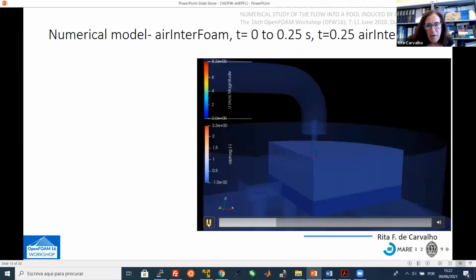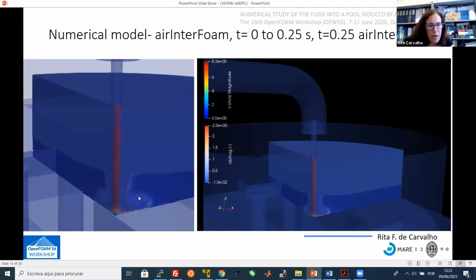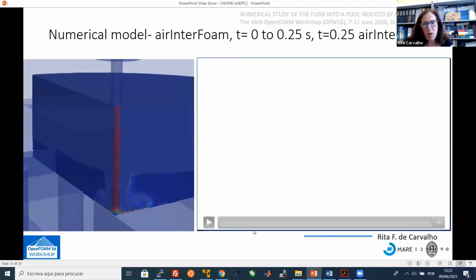So the air interFoam also ran. Here I want to show that it is not just the velocity of the water, but we include the other phase, and we can see here some air that is not described by interFoam. Here we see some air in the first moment.